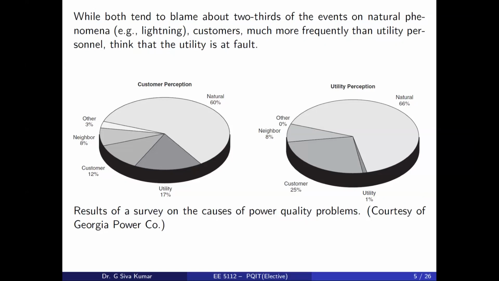That also creates a serious fault. Customers much more frequently than utility personnel think that the utility is at fault for natural phenomena. Even if the utility is at fault, you will see it as a natural fault only.